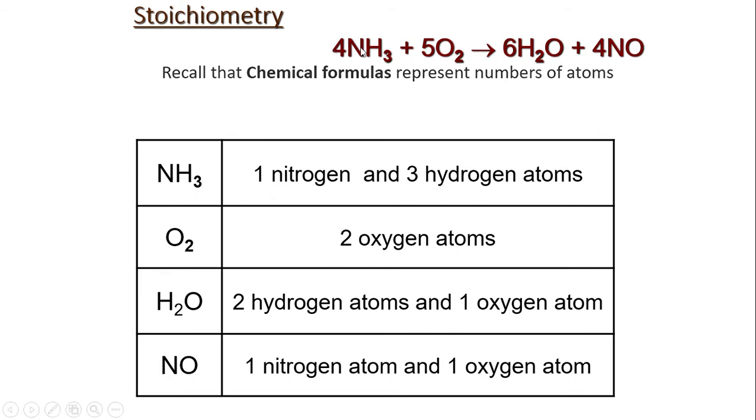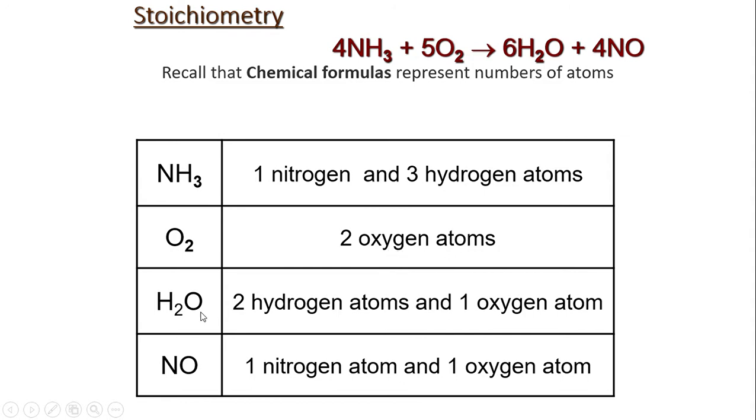So if we dissect it one by one in each compound, we have NH3, which is composed of one atom of nitrogen and 3 atoms of hydrogen. And we have oxygen, which is composed of 2 oxygen atoms.